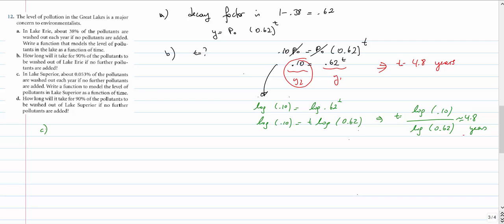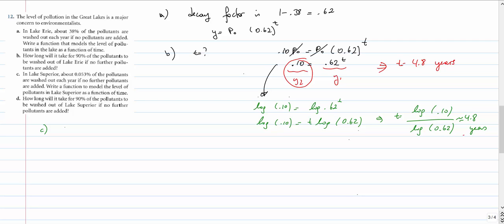C, how long, about 0.053% of the pollutants are washed out each year. If no further pollutants are added, write a function to model the level of pollutants.